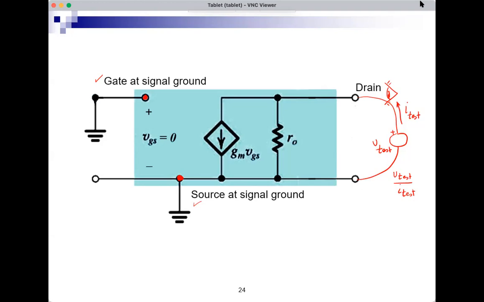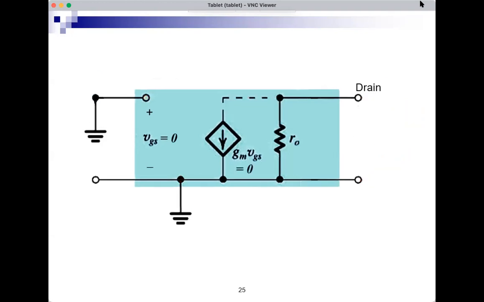When there is a test source connected like this between drain and ground, V test, I test, the eye would see this resistance, V test over I test. Okay, so under these conditions with gate at DC, source at DC, so they're both at signal ground, and I'm looking into the drain, so I'm connecting my test source between drain and ground. What is the deal?